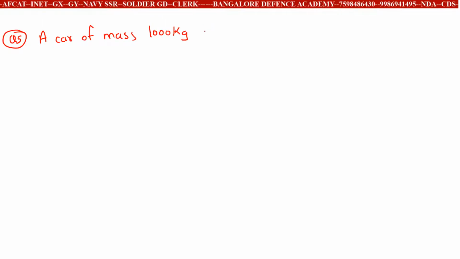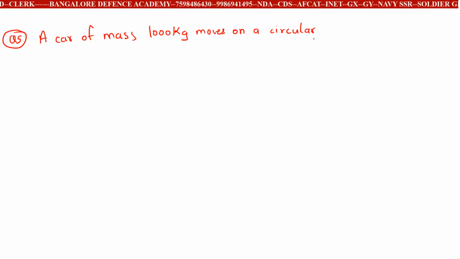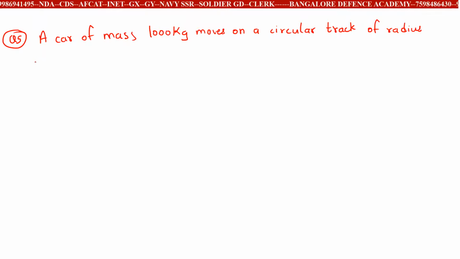Question number 5. A car of mass 1000 kg moves on a circular track of radius 20 meter.